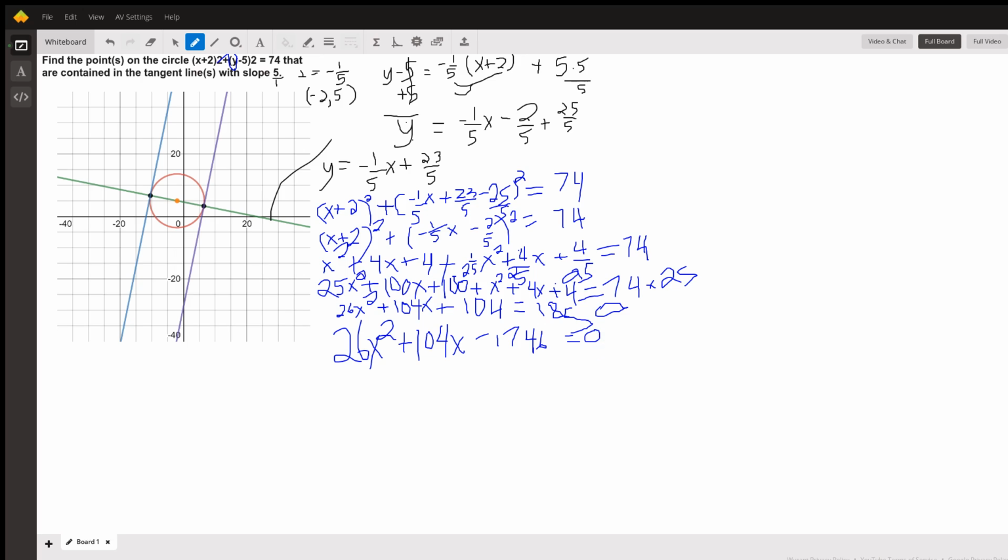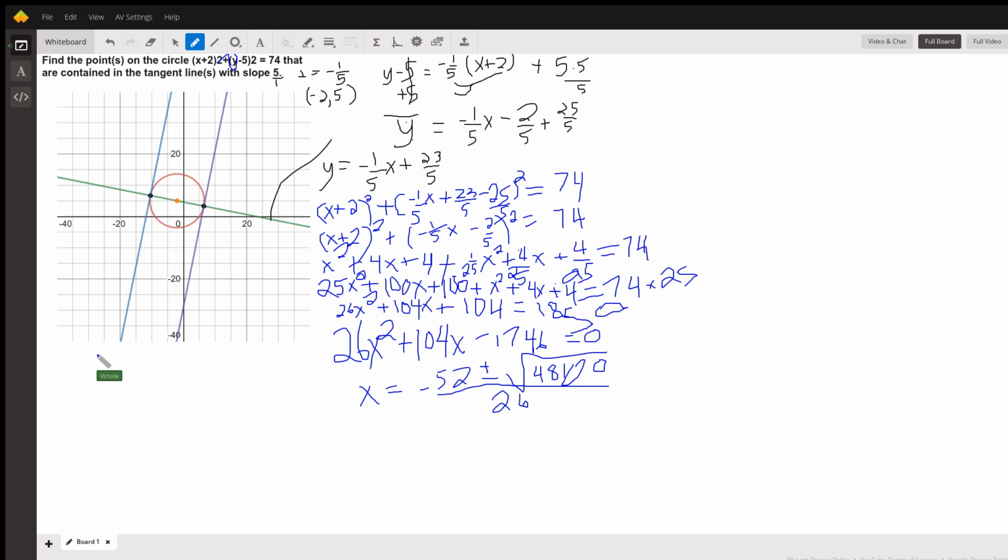And you do the quadratic formula on that and end up with the fact that x equals negative 52 plus and minus the square root of 48100 all over 26.